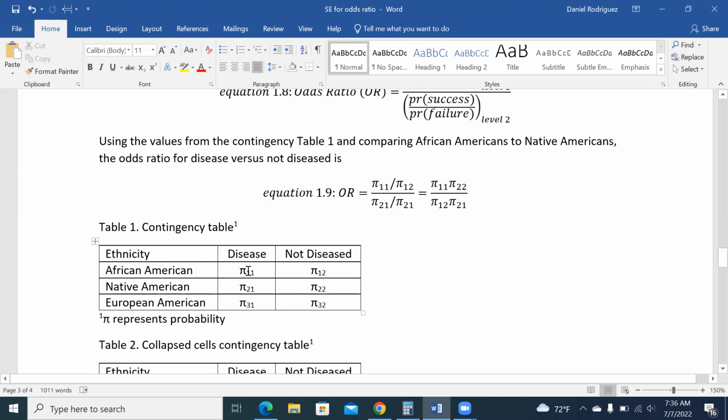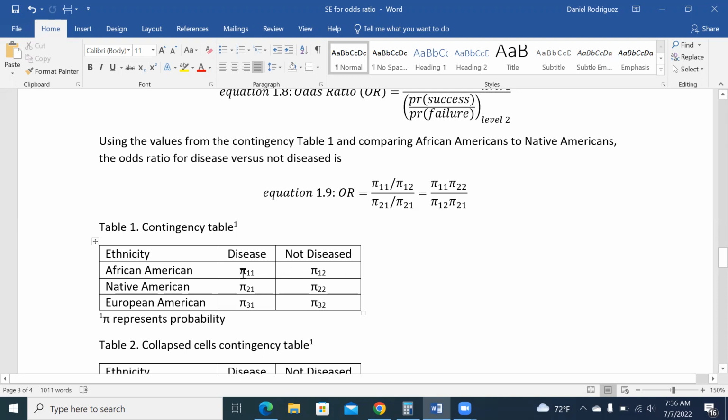These two are mutually exclusive, so they add up to one. Either you have a disease or you don't, if you're African American. Since they're mutually exclusive and those are the only two possible outcomes, I'm not including the empty set or anything like that. In the sample space, these are the only two outcomes, so they sum to one.